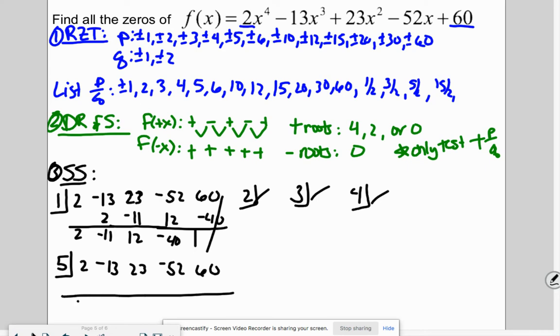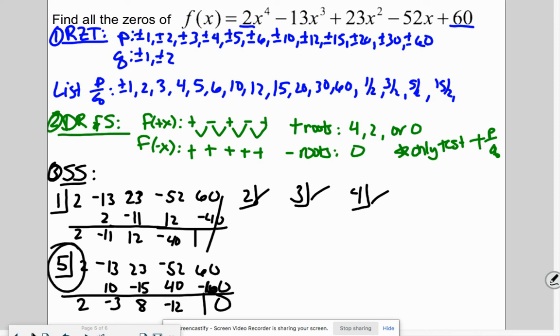All right, 2, that's 10, negative 3, that's negative 15, that's 8. Sorry, that's 40, that's negative 12, and that's negative 60. Yes, that's 0. So that works.